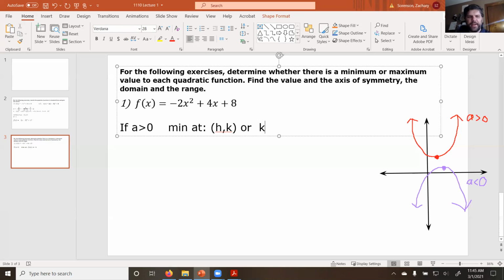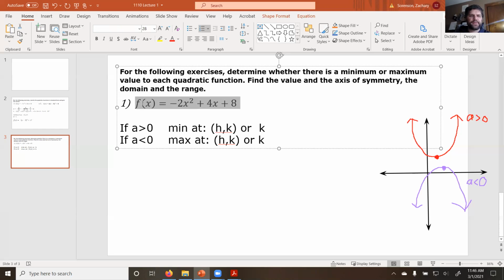And if a is less than 0, then I have a max at my vertex. Notice how in both cases the entire thing rotates around, surprise, surprise, our vertex. I need to find my vertex before I can determine if my graph has a minimum or a maximum. Well, I can actually figure that out by looking at the a.